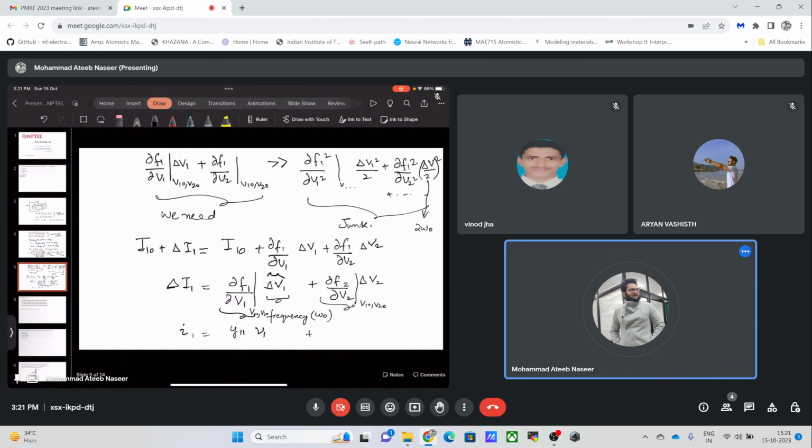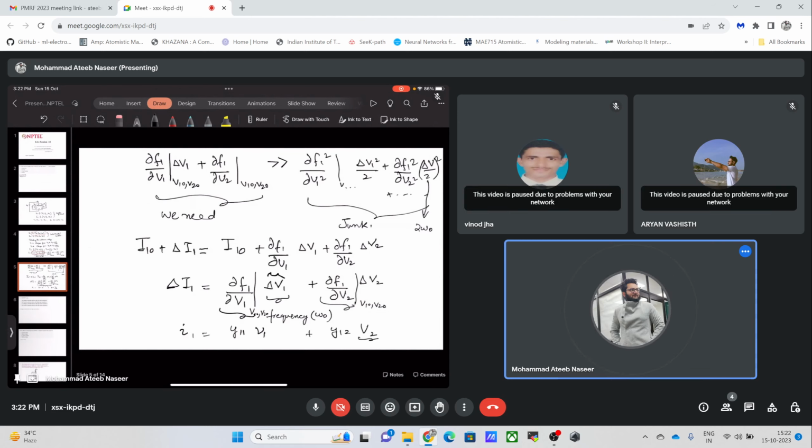And we have y12. Sorry, it should have been df1, because we are looking at the function f1. So this is y11, and this is y12 times v2, the small signal Δv2, or small perturbation v2.